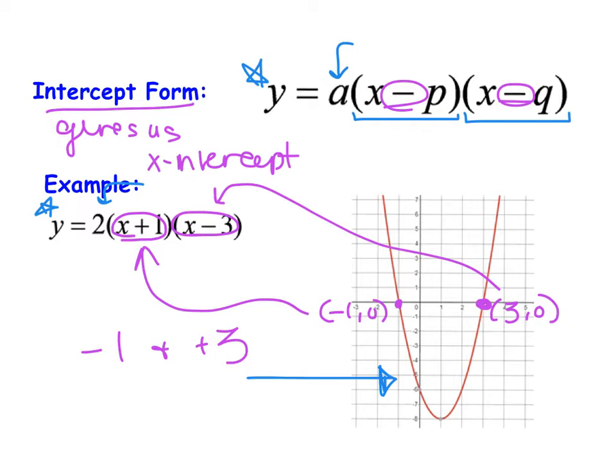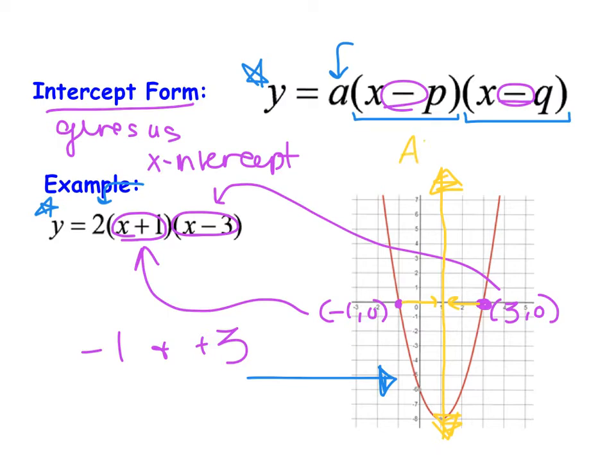Now some other pattern that's pretty cool here is that because this quadratic function is symmetrical, this axis of symmetry is also very simple to find. If you look here at our axis of symmetry, what you're hopefully noticing is that it is right in the middle of those two x-intercepts. So the easiest way to find the number in the middle is to find the average.